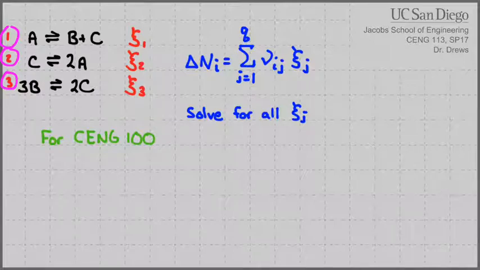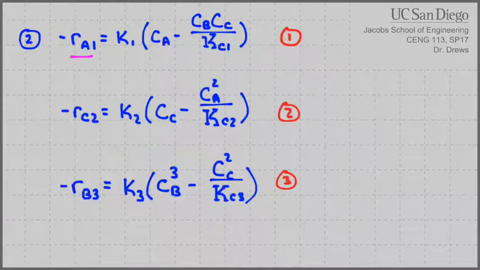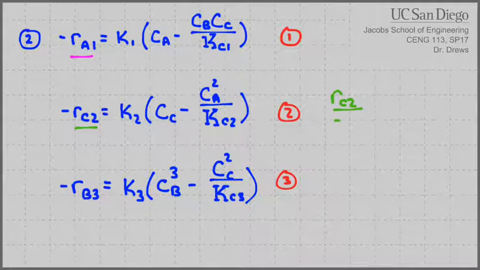So because it's not part of the form that we wrote, our rate for reaction 2 is in terms of C, but we need to worry about A right now. So we need to use our stoichiometric relationship to convert from rate of C in reaction 2 to rate of A in reaction 2. So the rate of C in reaction 2 over its stoichiometric coefficient, which is -1, is equal to the rate of A in reaction 2 over its stoichiometric coefficient, which is +2.